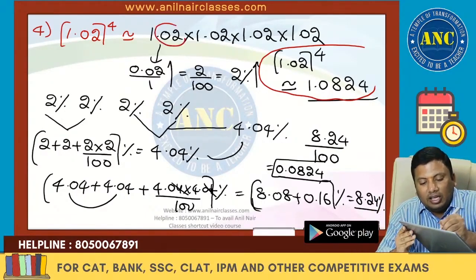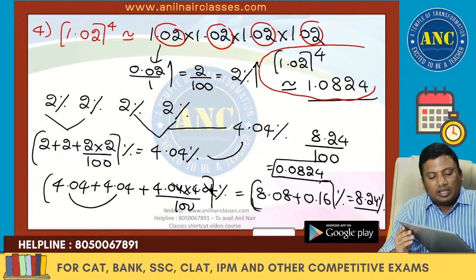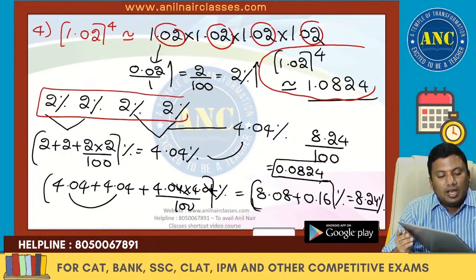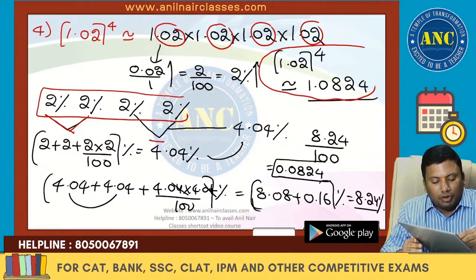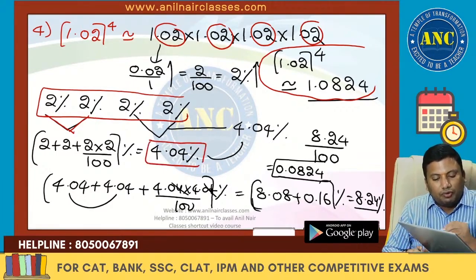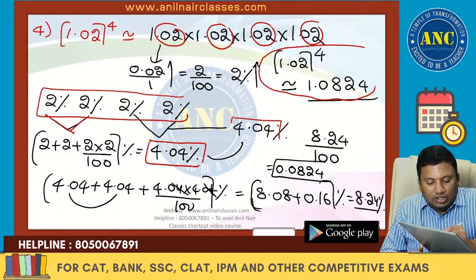There is an increase of 2 percentage, 2 percentage, 2 percentage. 2 percentage successively done 4 times. 2 percentage 2 times is 4.04. Again 2 percentage 2 times is 4.04.